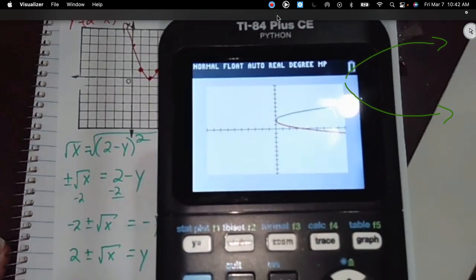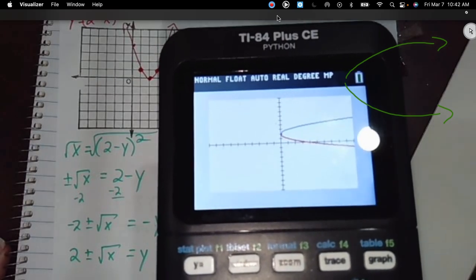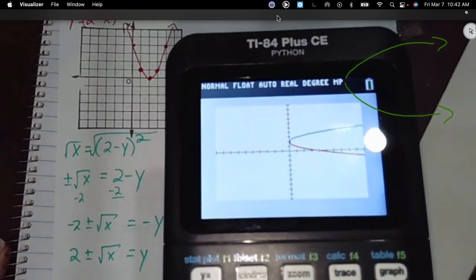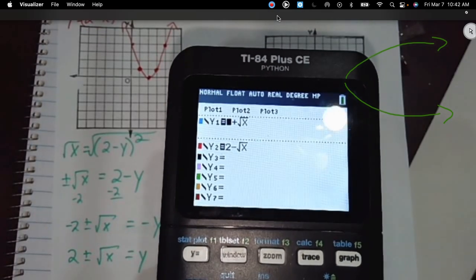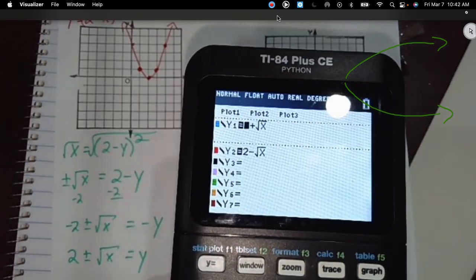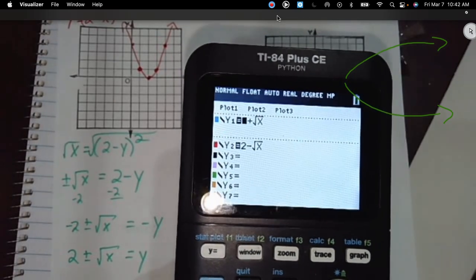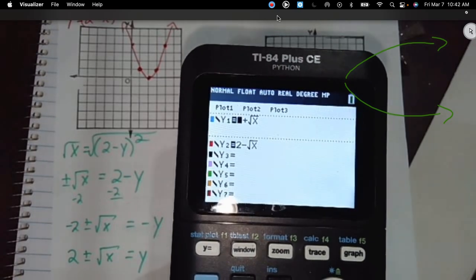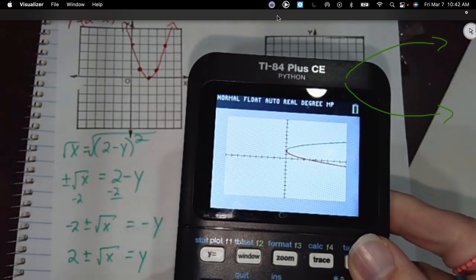Okay? Mine showed that it was lower down. Well, that 2 should have it up there at 2. Does yours look like this? You might have messed it up with the 2 on the negative. Okay. Let me do it. Minus.